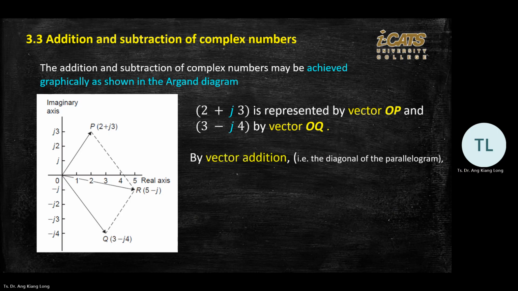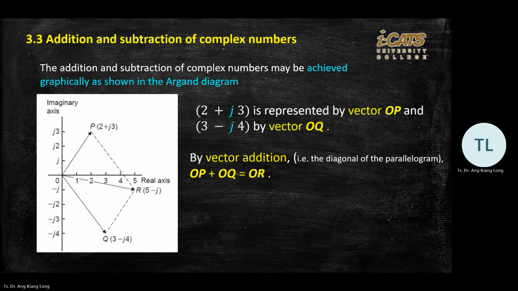So if you need to add two vectors together or two complex numbers together, basically you add OP and OQ. If the question gives you two vectors or two complex numbers, you need to draw on the Argand diagram, and then you need to label accordingly, right?